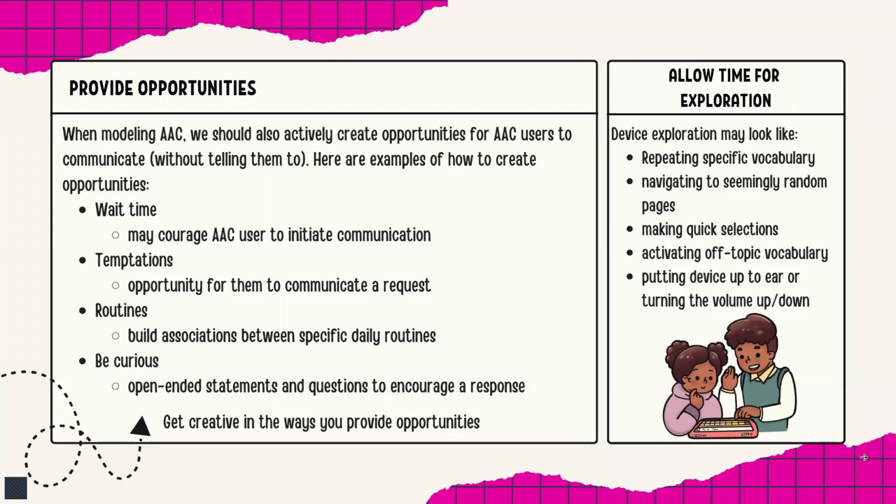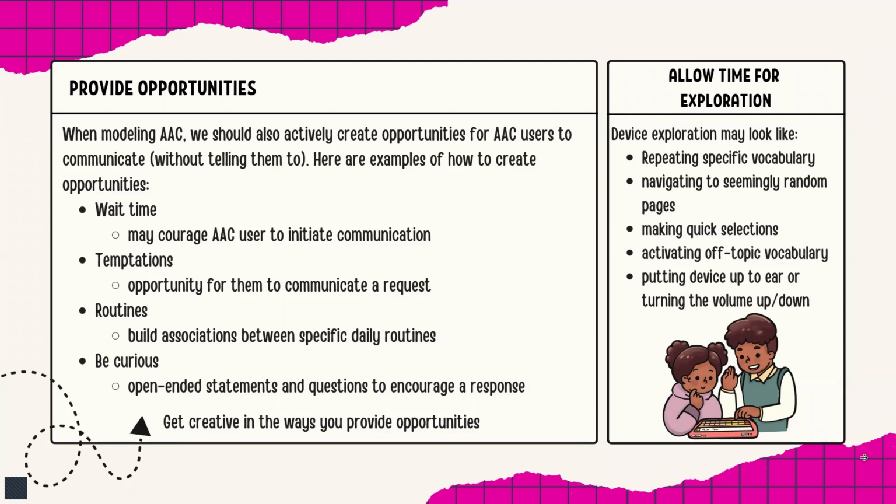Temptations. Place items that an AAC user may want to gain access to, for example, a favorite toy or a snack within their line of sight, to create an opportunity for them to communicate a request for the item. Remember to honor and respond to all communication modalities.